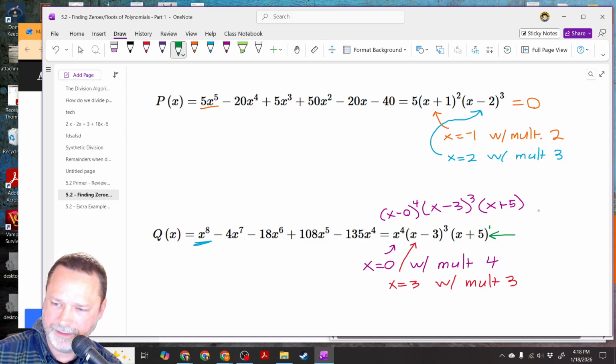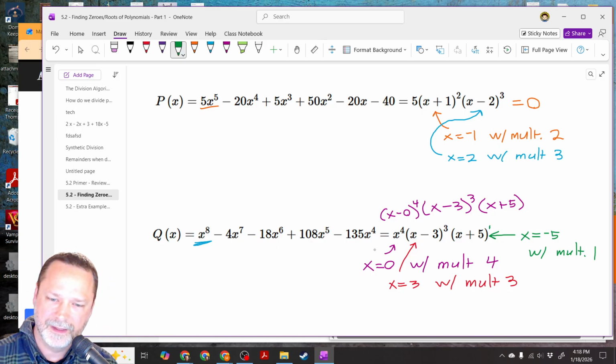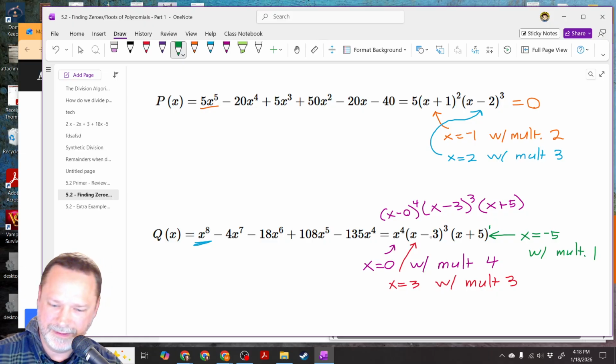There's only one of those. So it's a simple root. x equals negative 5 is a root with multiplicity 1. We say it's a single root. I guess we might say 3 is a triple root. Probably could say that as well.